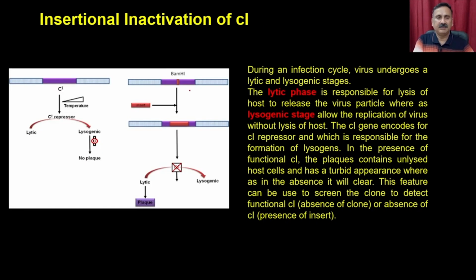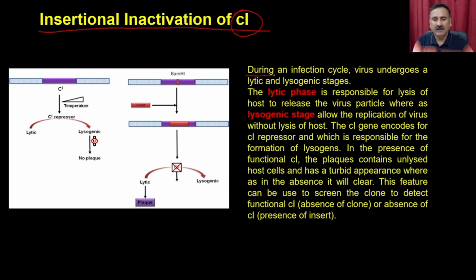Then we have the third example, insertional inactivation of the CI repressor. The CI repressor is a protein which is responsible for the shuttling of the virus between the lytic phase and the lysogenic phase.